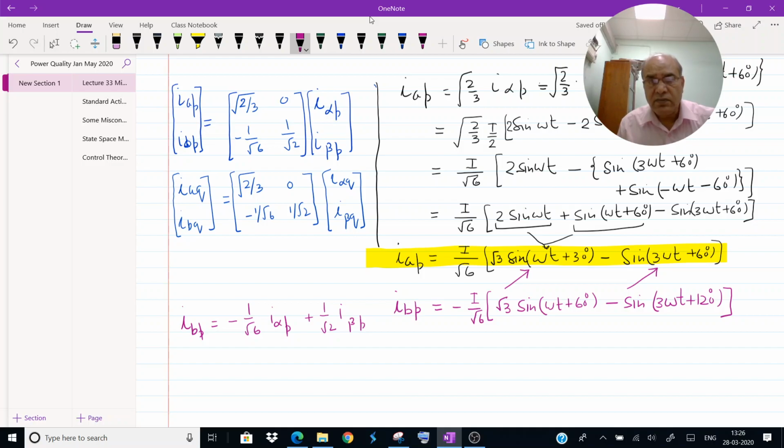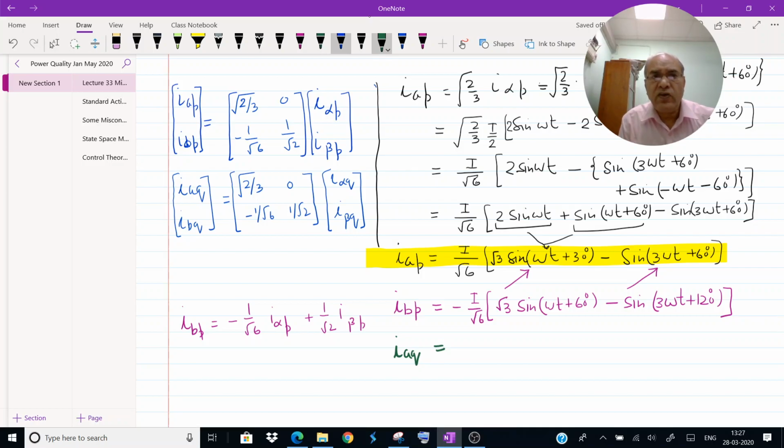Okay, and similarly IAQ. I will change the color to make it more striking to understand and remember. IAQ, what is IAQ? Root 2 by 3 into I alpha q.